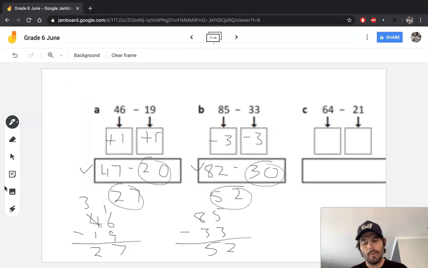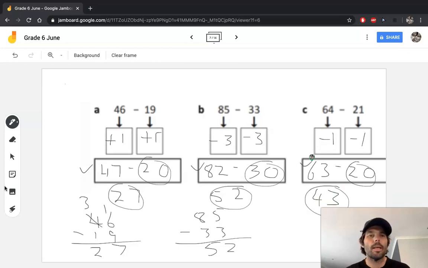For C, I'm going to subtract 1 to get 21 to a friendly number. 63 minus 20, 43. And if I go 43 plus 20, 63, yes. 64 minus 21, 43.